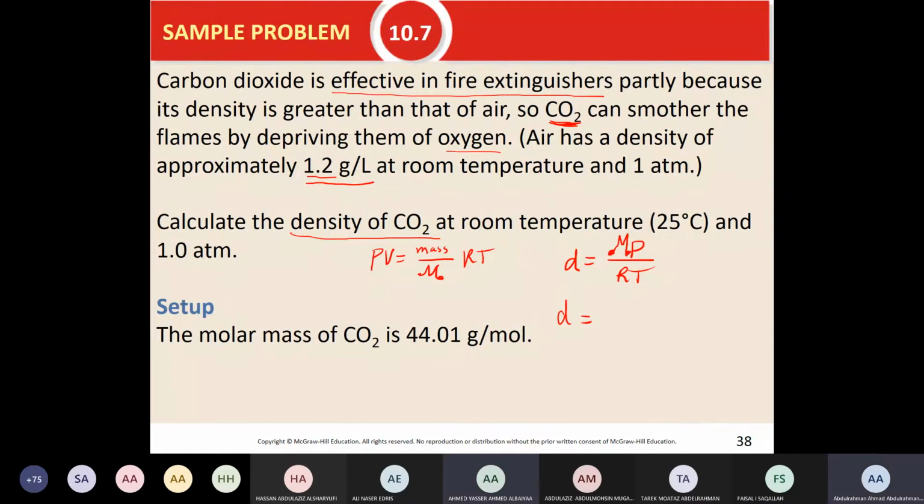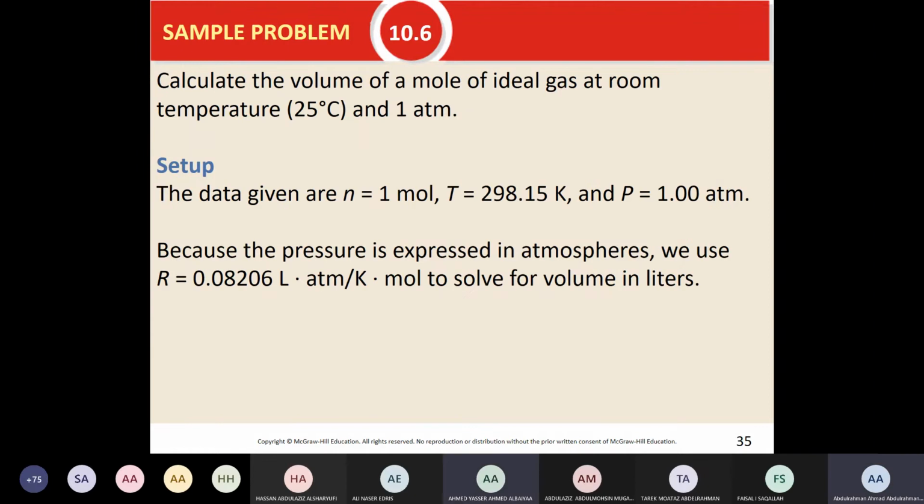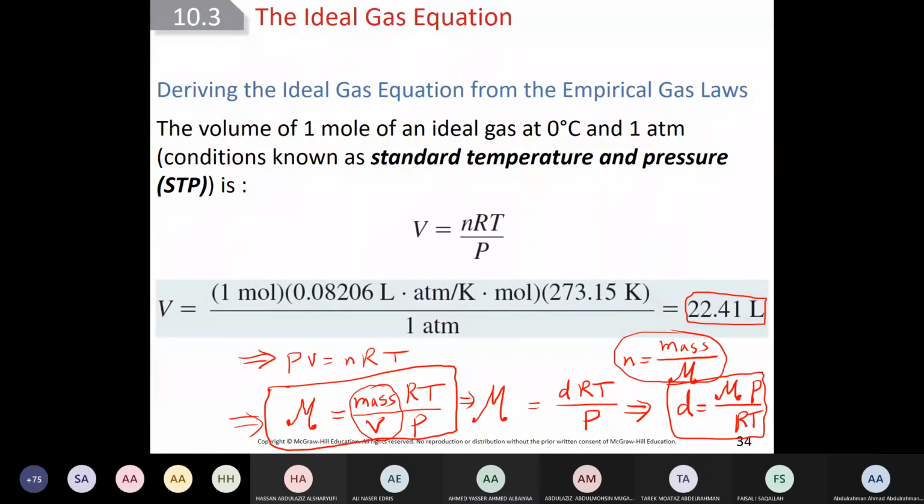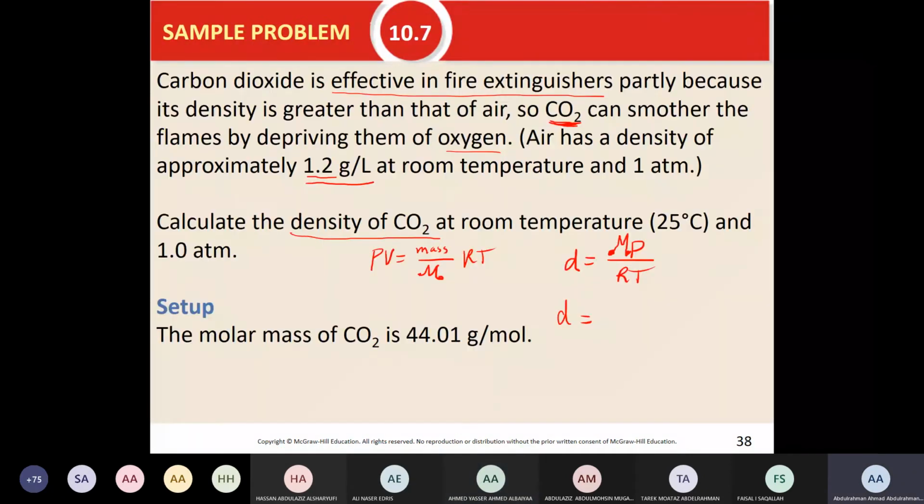How is density related to molar mass with P? What you should do, multiply the molar mass.